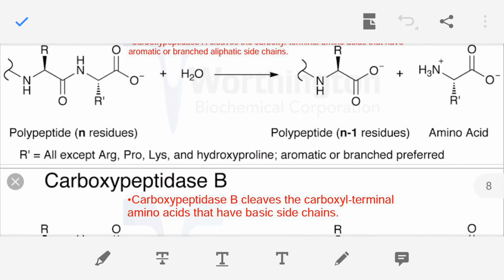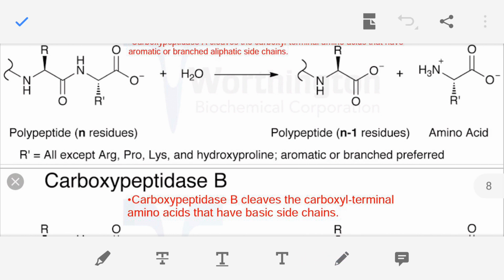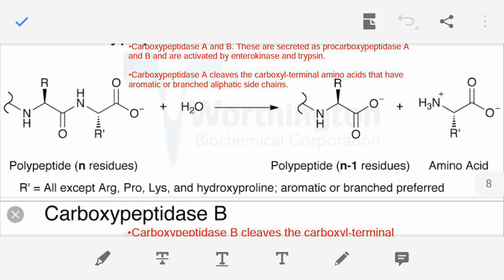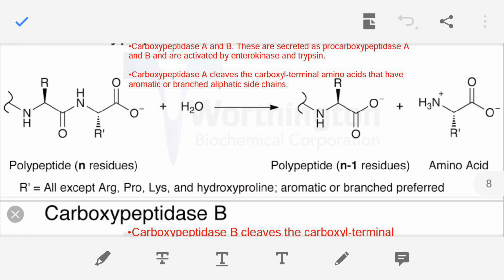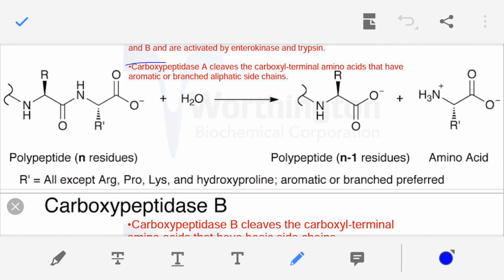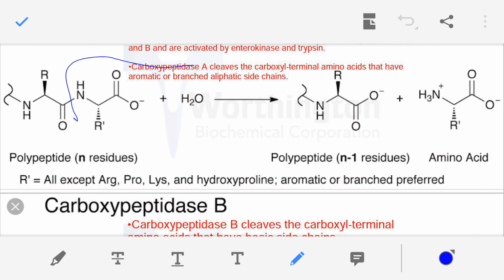Generally, aromatic or branched aliphatic side chain amino acids are preferred for the action of carboxypeptidase A. In short, carboxypeptidase A acts upon the polypeptide and removes the terminal amino acid having an aromatic or branched aliphatic side chain.